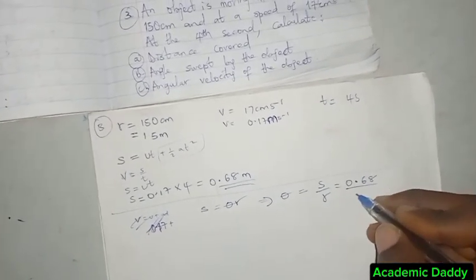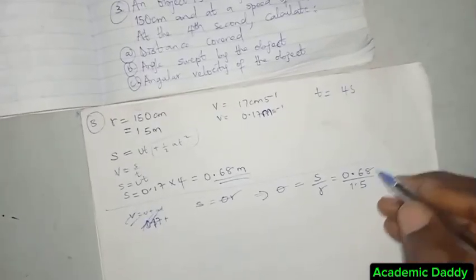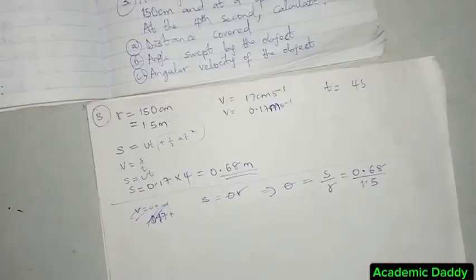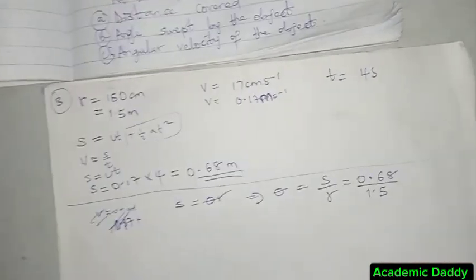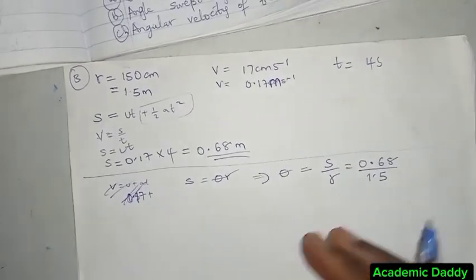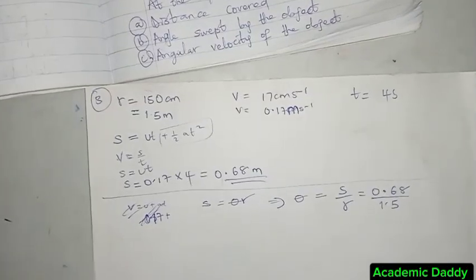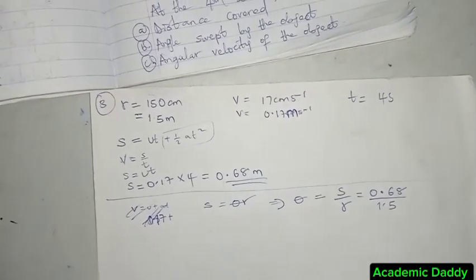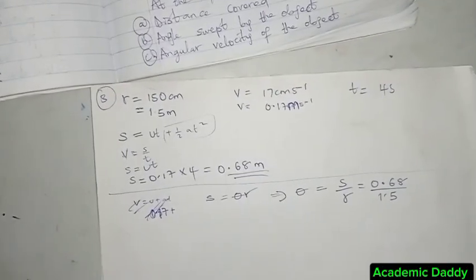all over 1.5. So one of the things that happens with this physics, especially circular motion physics, is that there are so many formulas that can give you the same answer or even different answers. But with circular motion, you are not fixed about it.